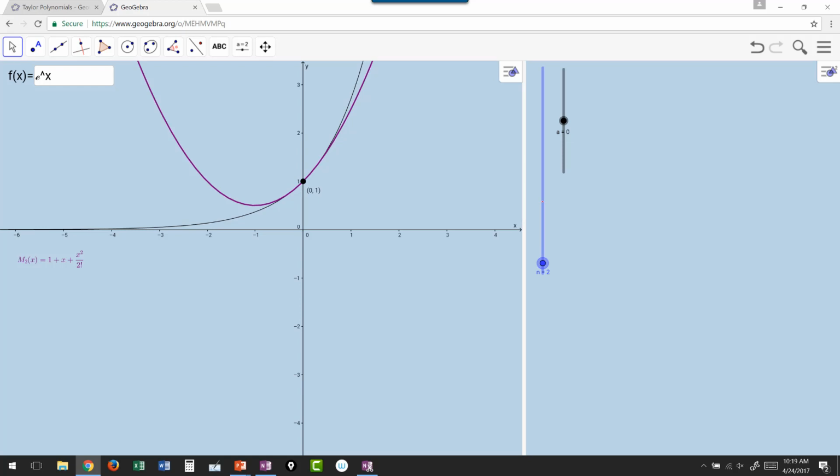So that would be 1 plus x plus 1 over 2 factorial x squared. Here's the best possible cubic. And then finally, the place where we stopped, the best possible quartic approximation to e to the x. And this is confirming our result, 1 plus x plus x squared over 2 plus x cubed over 6 plus x to the 4th over 24.